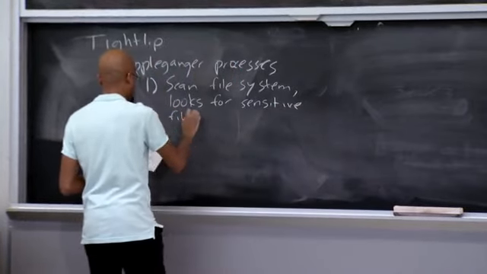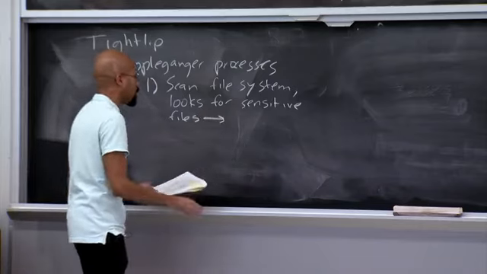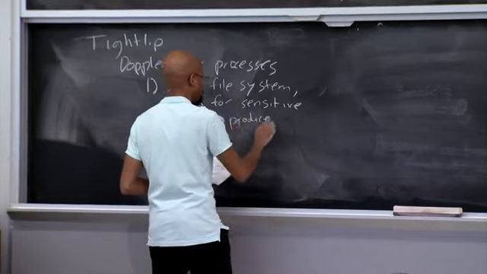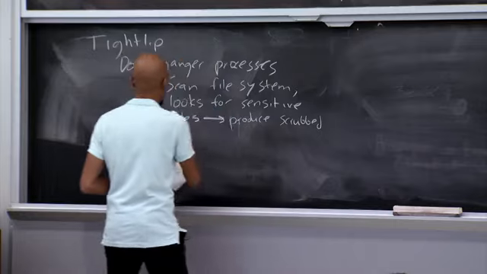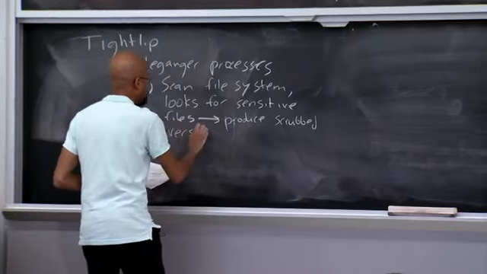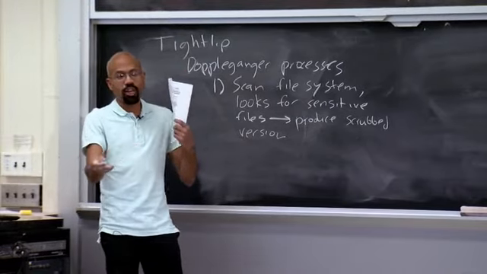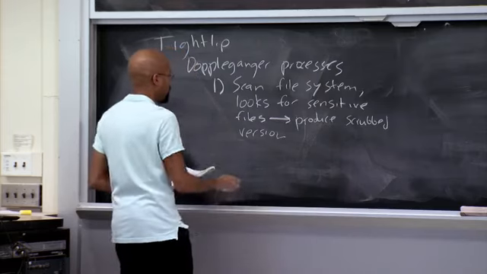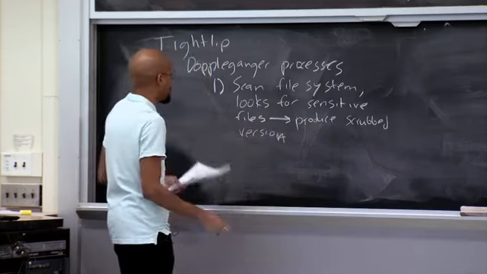For each one of these files it's going to produce a scrubbed version. So for example, if it finds an email file, it's going to replace the to and from information with a string of the same length, but just dummy data, maybe all spaces or something like that. It does this as a background task.